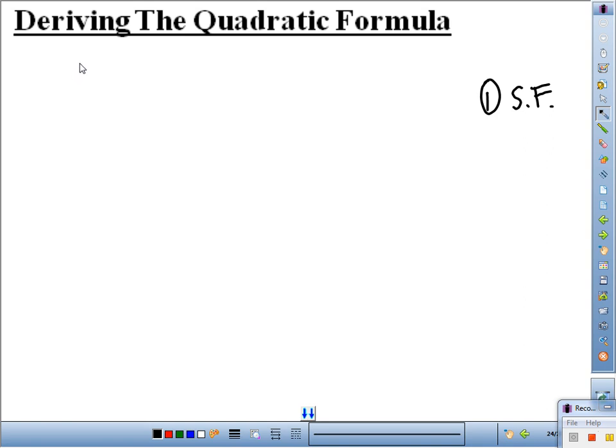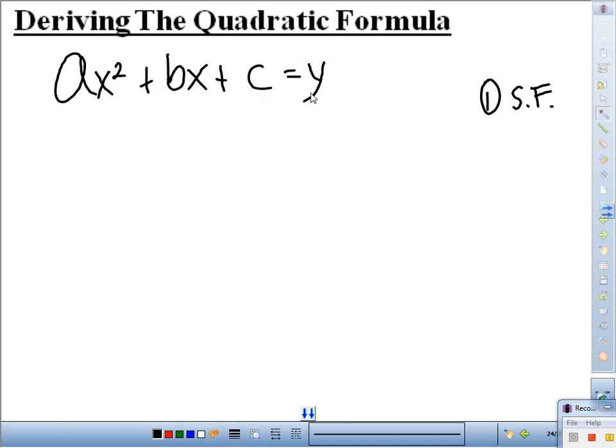Yes, we wrote it yesterday: ax squared plus bx plus c equals y. From here on, you don't have any more numbers, this is all variables. In order for me to continue solving, y has to be what? 0. That is correct. So I write ax squared plus bx plus c equals 0.